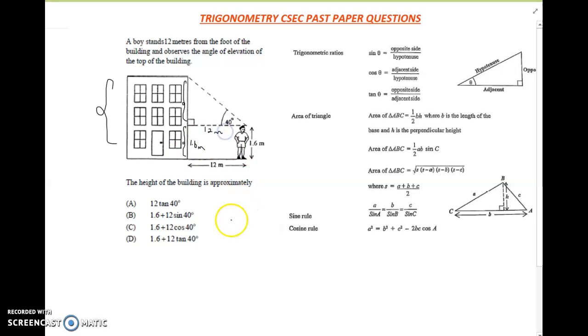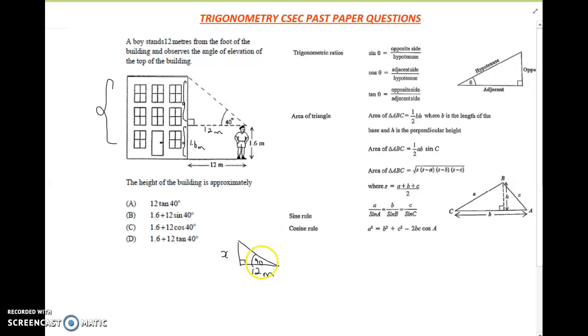So let's pull out our right angle triangle. Here's 12 meters, here's 40 degrees. We want to find the height of the building. We know that this little piece here is 1.6, so we need to find the piece here that forms the triangle. So this here we want to find, we can call this x.